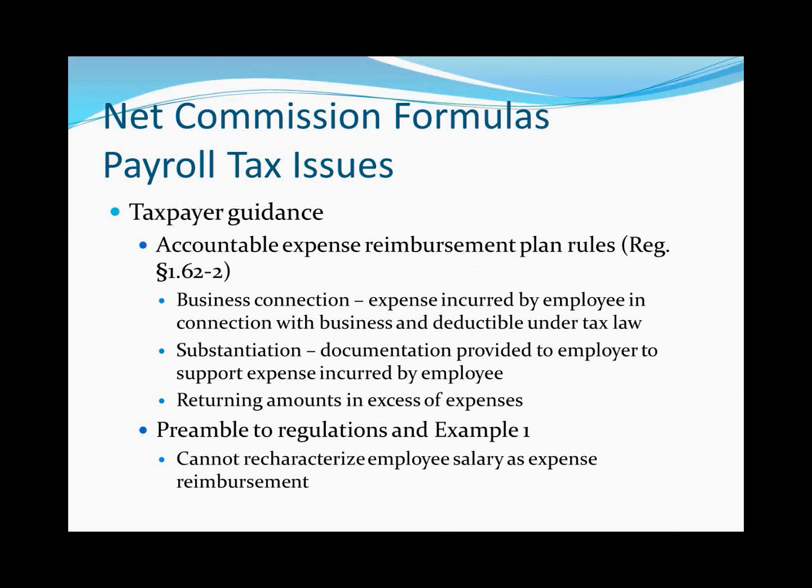But on days where the employee travels, the employer recharacterizes $50 of that $200 salary as expense reimbursement. The example says this is not an accountable expense reimbursement plan because the employee was going to earn $200 whether he or she traveled out of town or not.